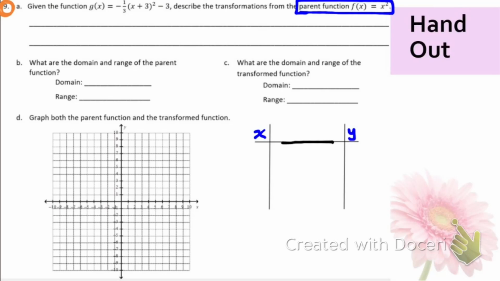What was the vertex for the parent again? What was the HK? 0, 0. Right in the middle of my table is where I put the vertex. Couple points on either side. What comes before 0 on the number line? -1. What comes before -1? -2.